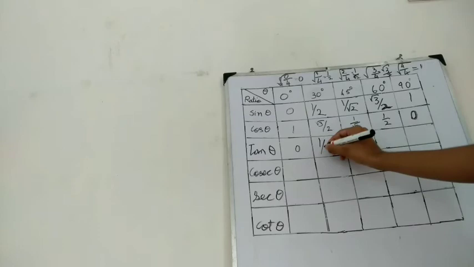Okay. Now next, tan 30. Tan 30 also, like all the tan theta values, is sin by cos. So tan 30 will be 1 by 2 divided by root 3 by 2, which will become 1 by root 3.